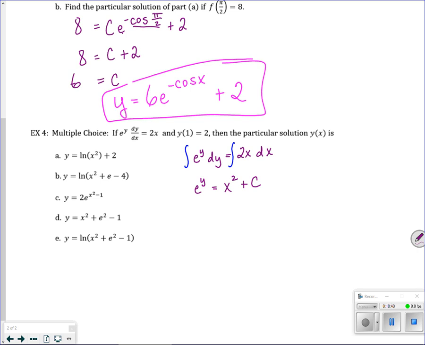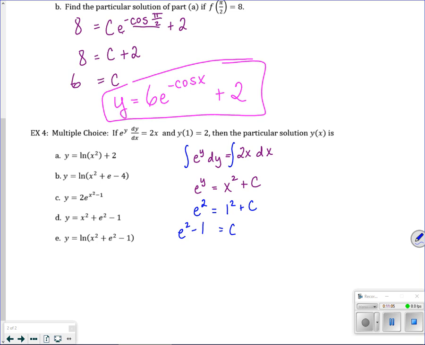I like to do it here when I don't get ln, so I'm going to keep with that. If I put in 1 for x, I should get out 2 for y. So I get a very weird c value, e squared minus 1. Yeah, that's kind of weird, but that's what I get.